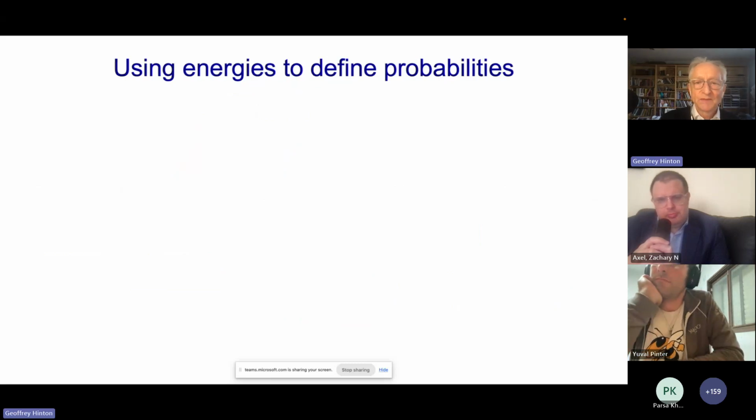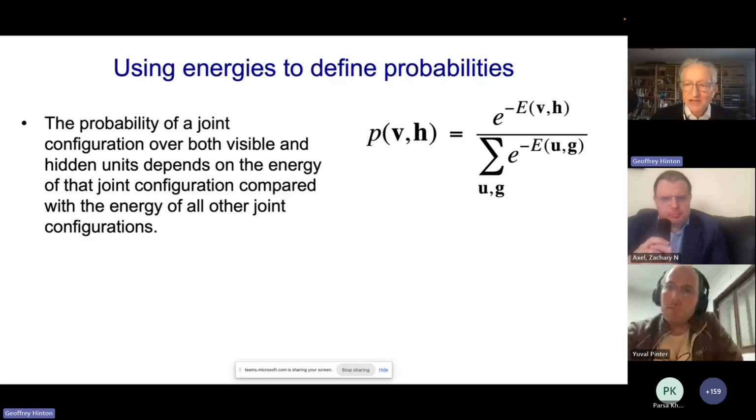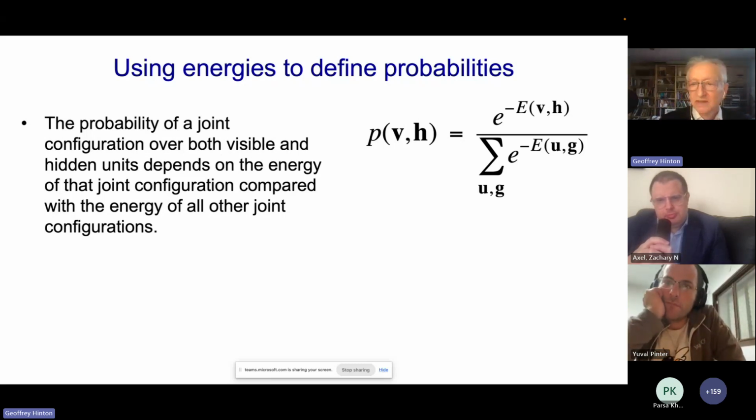So if we want to use energies to define probabilities, we know that P of v and h is going to be proportional to e to the minus the energy of that joint configuration. But what do we normalize by? Well, we have to normalize by the sum over all possible visible vectors u and all possible hidden vectors g of e to the minus the energy of the configuration with u on the visible units and g on the hidden units.